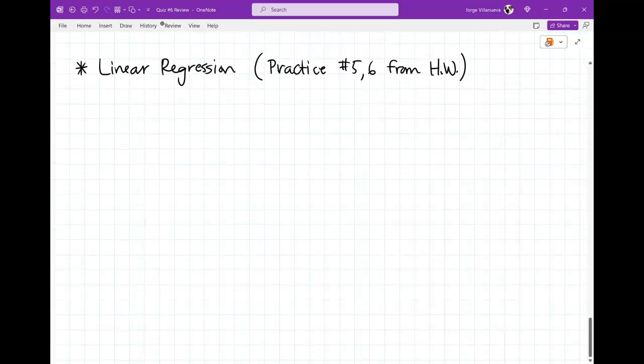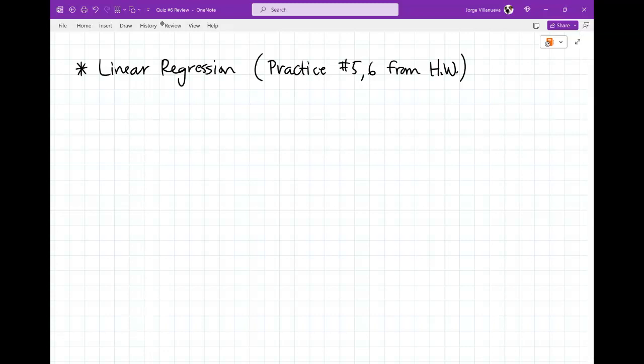Okay? But here's the reason why mine is going to look a little different right now. Because on your quiz, it's going to say, here is a table that represents this data, whatever it happens to be. Right now we're going to make something up, but they're going to give you a table. Let me use what they're going to use: height and weight.